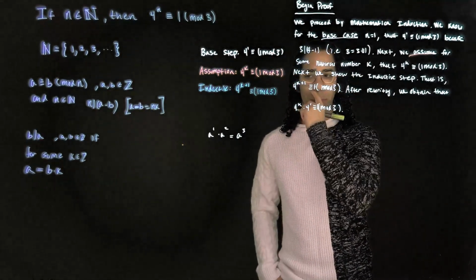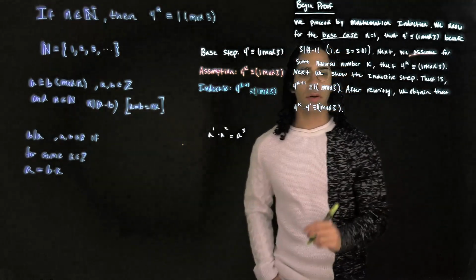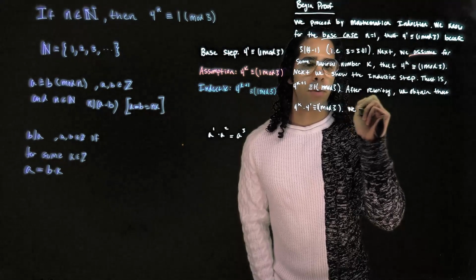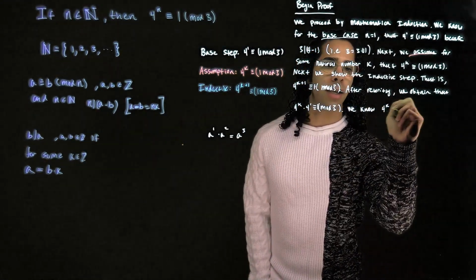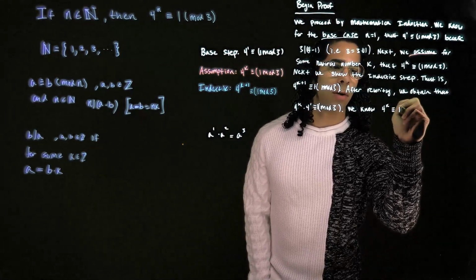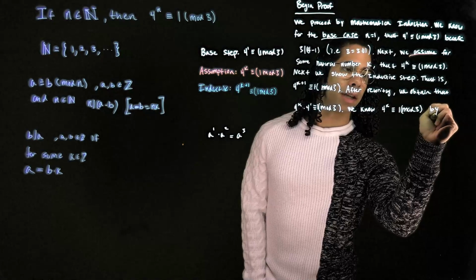Now there's also a property concerning congruency that's very important. So we know 4 to the k is congruent to 1 mod 3 by assumption.